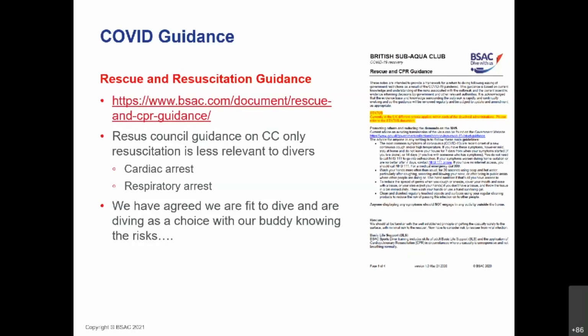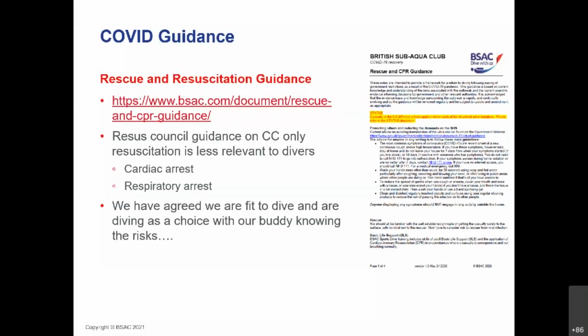Now, the recommendation is, because of COVID, it's most probably, I'm not a doctor, cardiac arrest, and chest compressions only basic life saving is pretty effective, while also minimising the risk of transmission of COVID or getting infected with COVID. And that's the general recommendation for the man on the street. There's a lot more detail in the document.